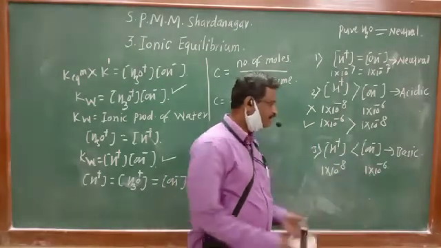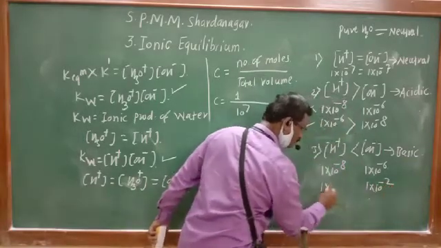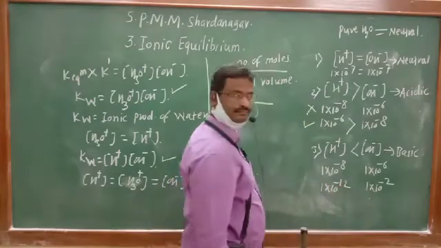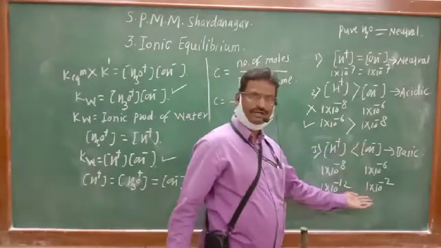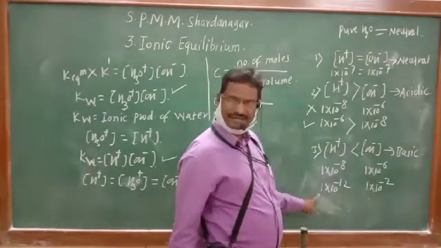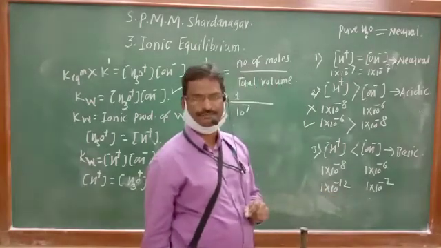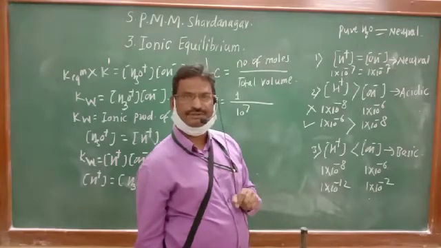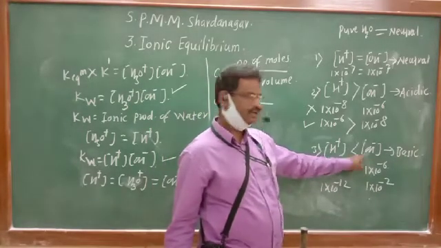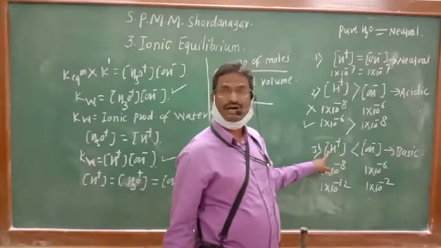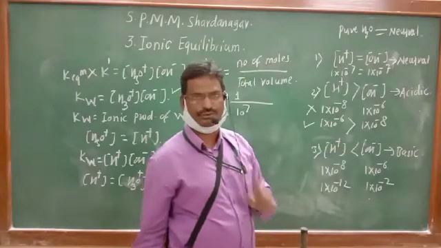If we take this as 1 into 10 raised to minus 2, this will be 1 into 10 raised to minus 12. Which one is greater? Whether H plus is greater or OH minus is greater? OH minus. This is greater than this also. So, this solution is also a basic solution. Thus, the solutions in which hydroxyl ion concentration is greater as compared with hydrogen ion concentration are known as basic solutions.